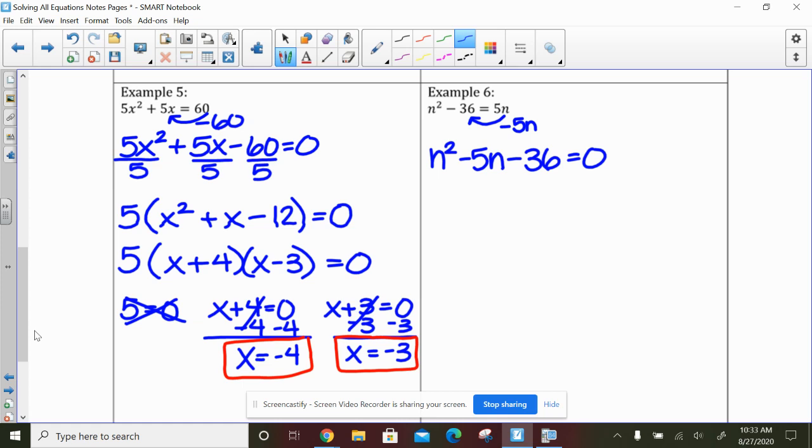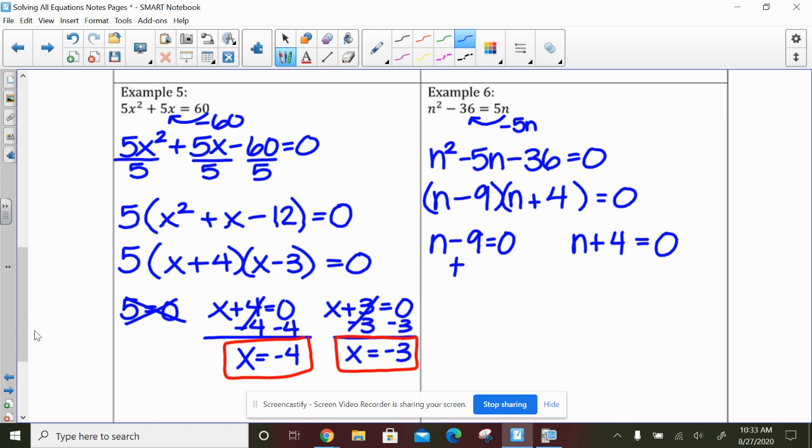Okay, so now I'm looking for factors of -36 that subtract to give me -5. So 36, I have 9 and 4. Okay, and since I need a -5, my 9 is going to get the negative. Okay, now that it's factored, set each one equal to 0.